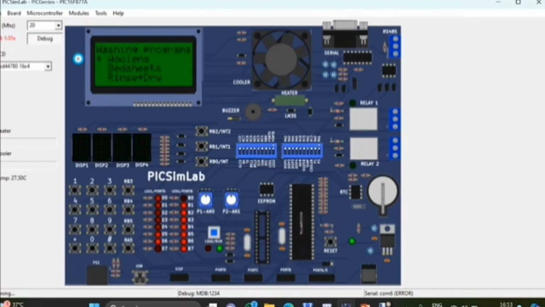So I will select the woolens. After pressing the switch for a long time, it will go to the mode selection. I will press this for a long time, and we have to wait a few seconds because it takes time. We can see the different modes we have: auto, low, and medium.